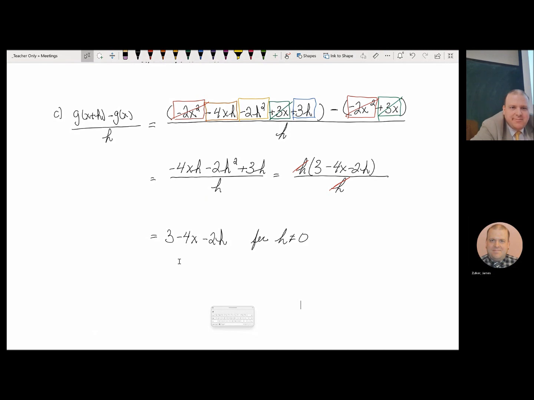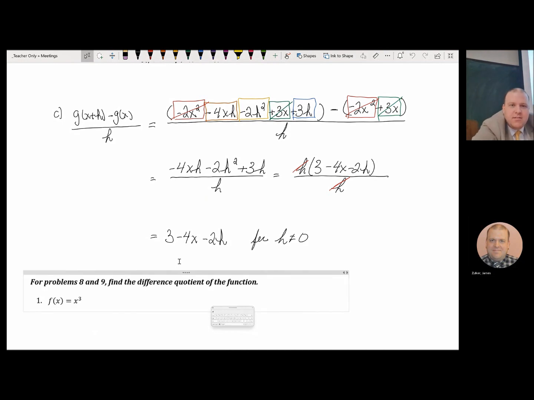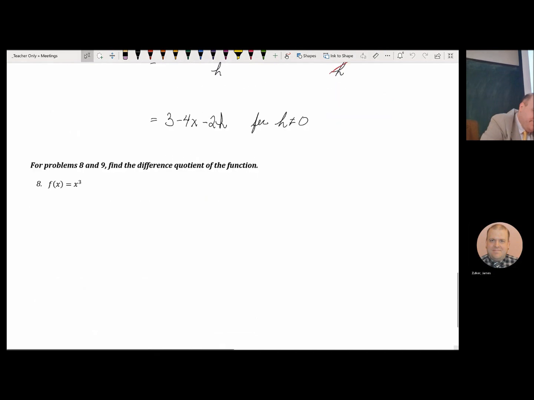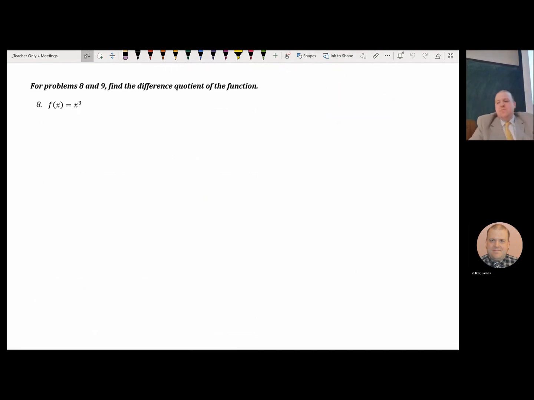And then you might think, oh, how bad can it get? Difference quotients can get very ugly very quickly. So x cubed. We'll find the difference quotient.